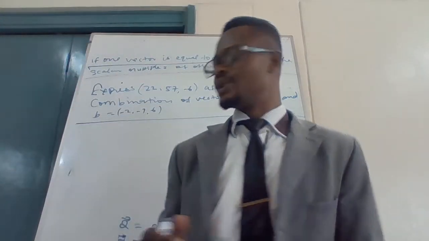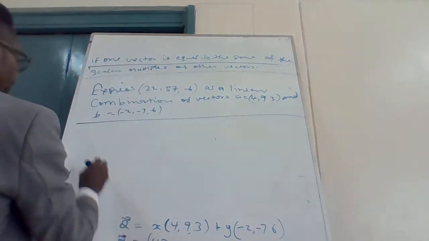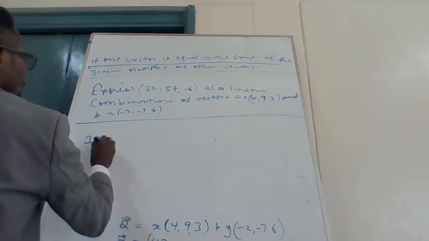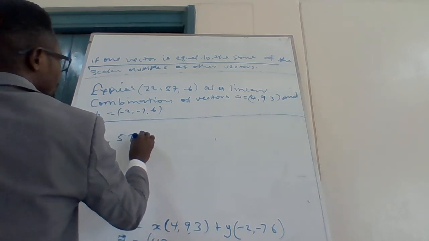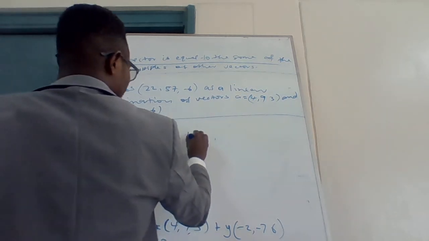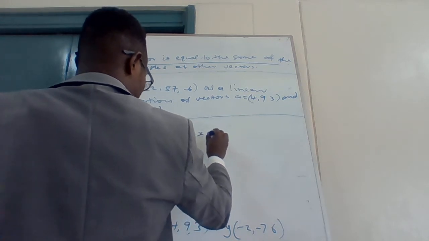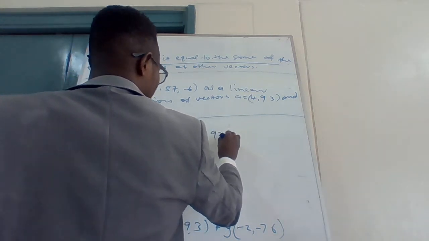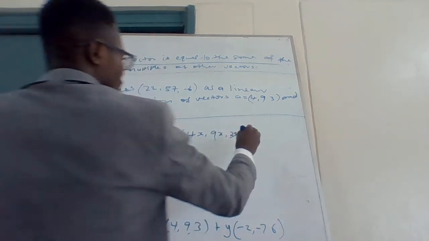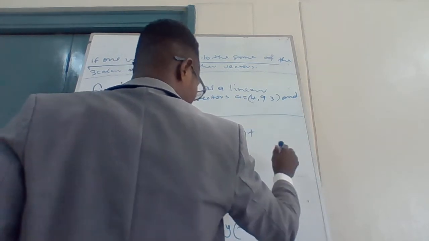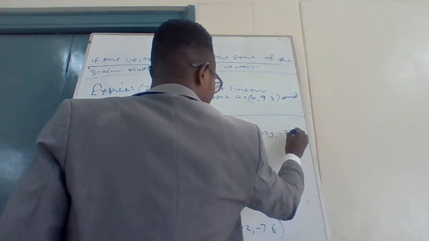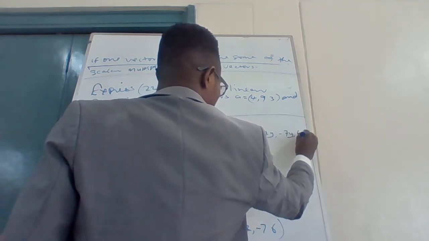So from here, we know that our vector alpha is given by 22, 57, and negative 6, and this is equal to 4x, 9x, 3x, added to negative 2y, negative 7y, and then 6y.